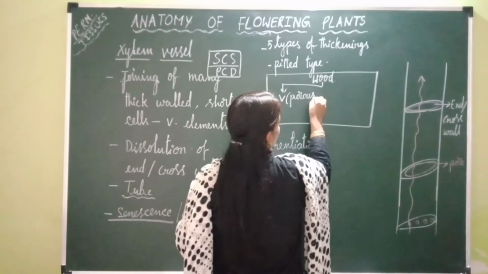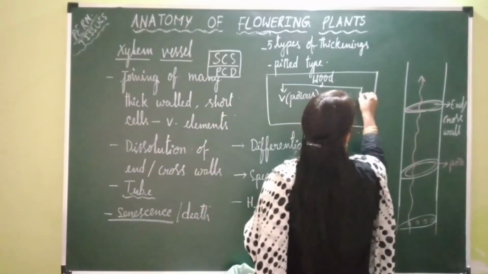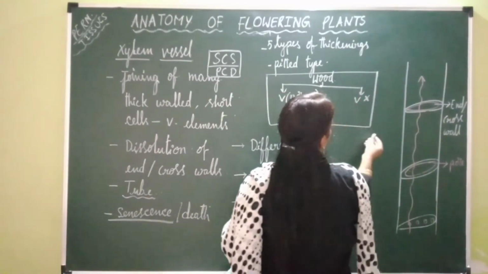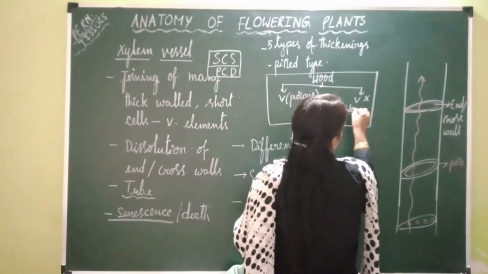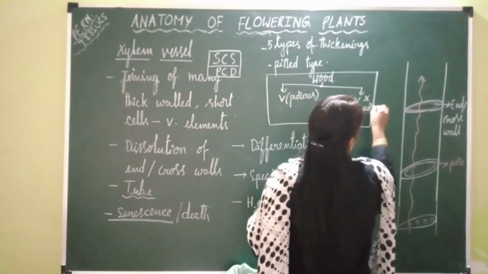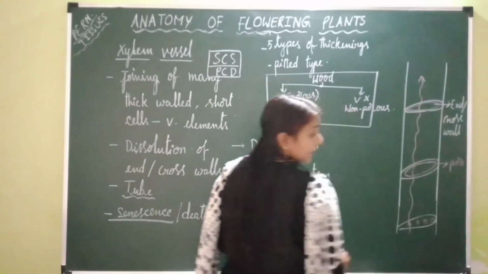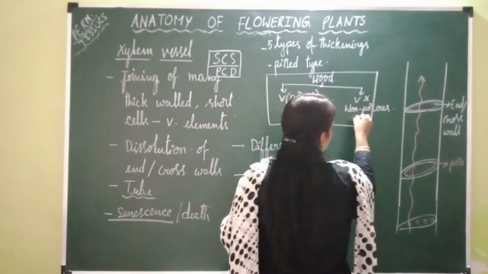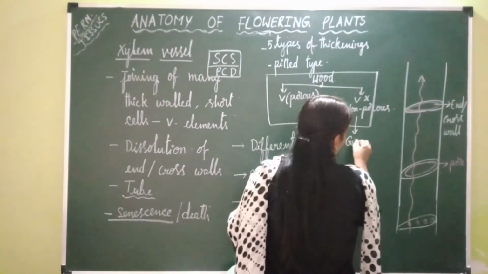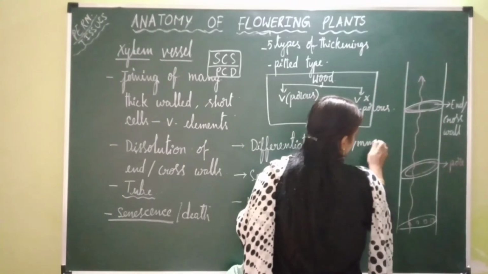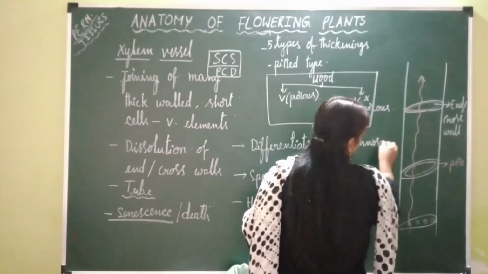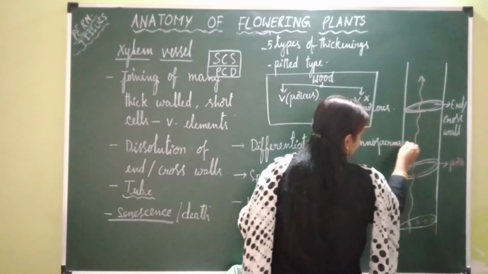If vessels are absent in the wood, that is called non-porous wood. Vessels are absent in the xylem of gymnosperms, so in gymnosperms, non-porous wood is present, right?